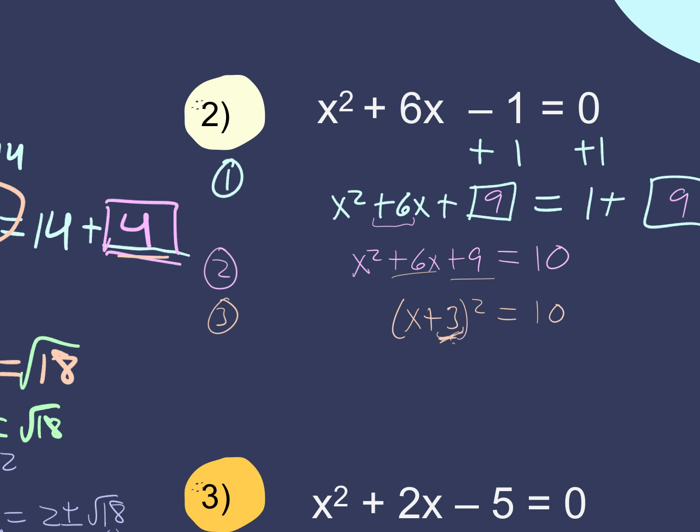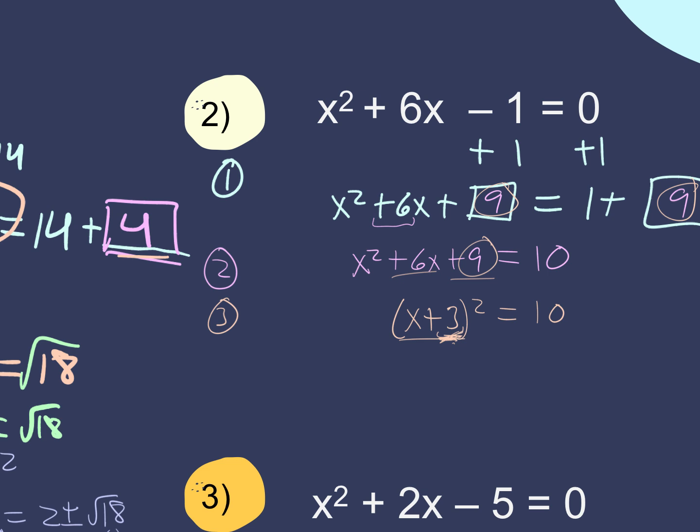So x plus 3, we also got from doing 6 divided by 2. And that gets you this 3. 6 divided by 2 squared is what we added, but also 6 divided by 2 we can just write in front of this x, to get x plus 3 squared.